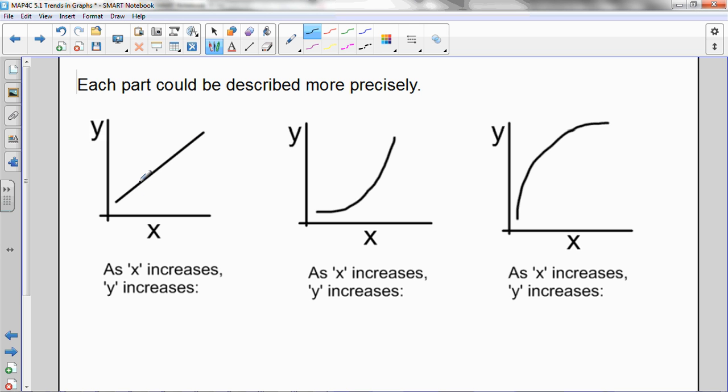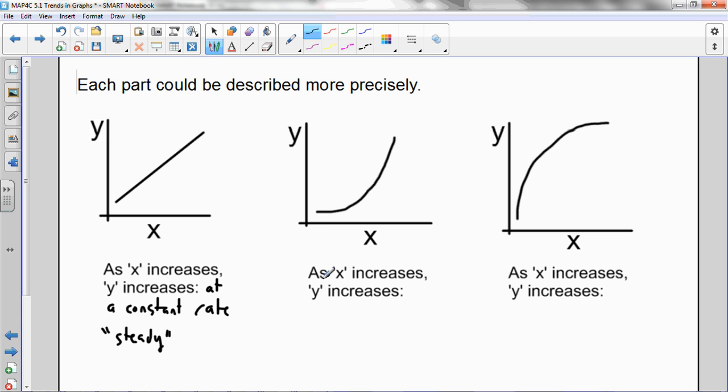For each bunch of x, it's going up the same amount. So we can say as x increases, y increases at a constant rate. Other words you might think of are a steady rate or something like that.